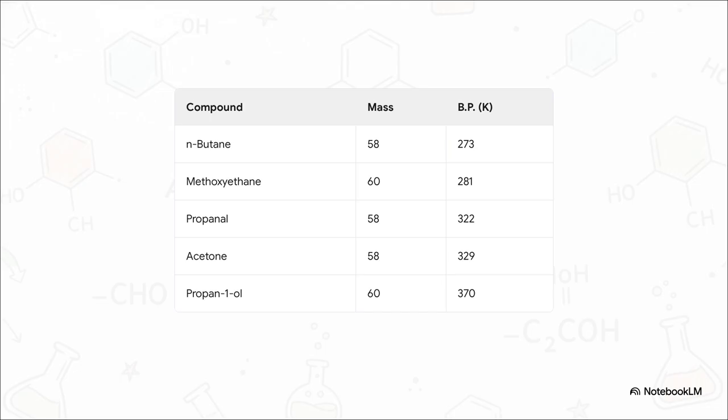But propanal, which is an aldehyde, and acetone, a ketone, suddenly jump up to 322 and 329 Kelvin. Why the huge leap? It's all because of that polar carbonyl group we just talked about. It creates weak molecular associations through dipole-dipole interactions. However, they still boil at lower temperatures than alcohols, like propan-1-ol, simply because aldehydes and ketones can't form intermolecular hydrogen bonds with themselves.